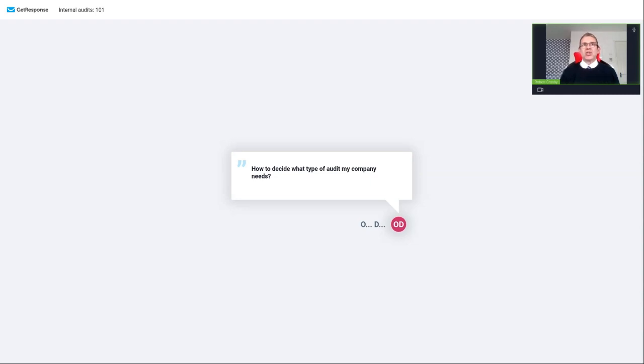The clause-based approach generally goes from the start of the standard to the end, and you step through it, and you effectively plan that audit. For example, you look at your organization and its general context first. Then you might look at leadership and policies. Then you might look at how your risks and opportunities are managed. So in chronological order, if your audit team likes to do that, and they're very much standard based, then a system audit is the one that you want.